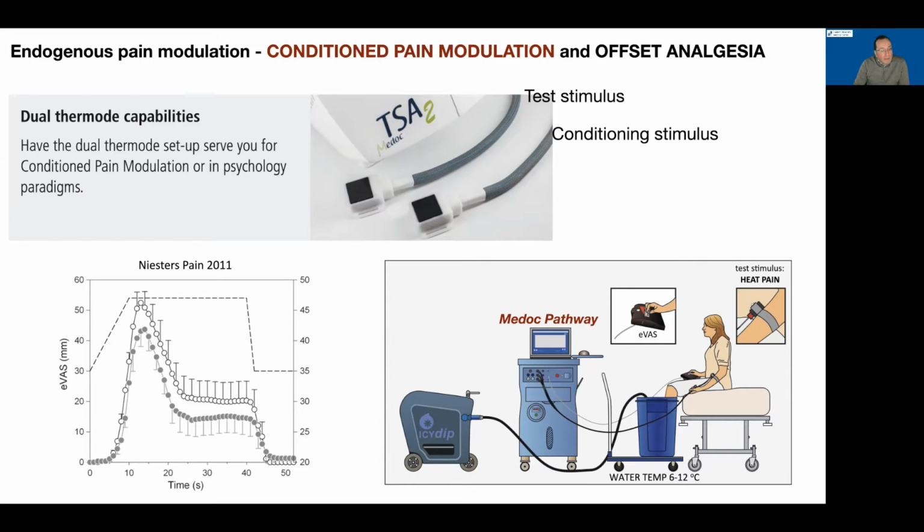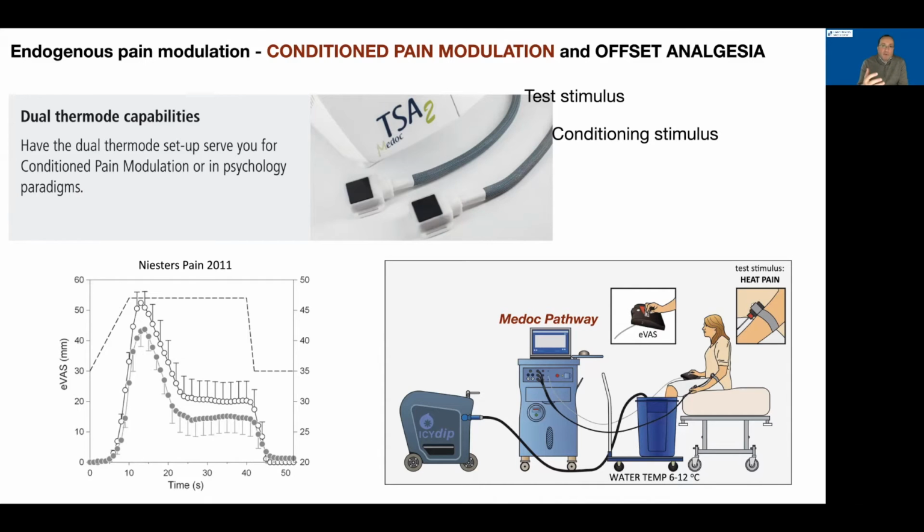But when you apply a second stimulus, and these are the closed circles here, you can see that there's some analgesia. The analgesia is related to central top-down processing of pain, in which there is some pain relief at the level of the spinal cord and at the level of the skin. So the patient actually perceives less pain in this paradigm.